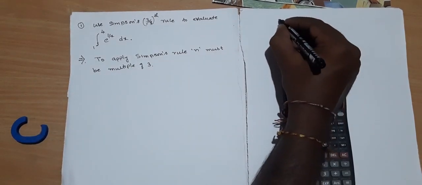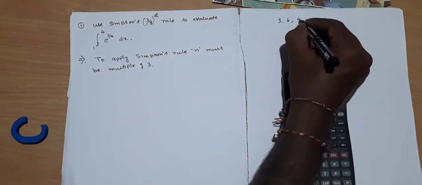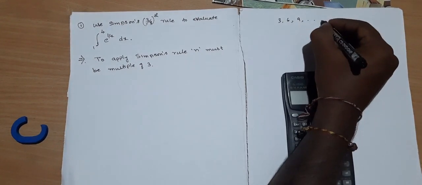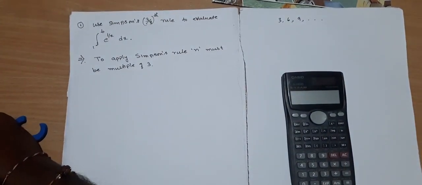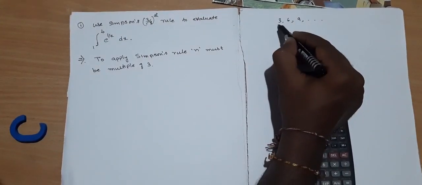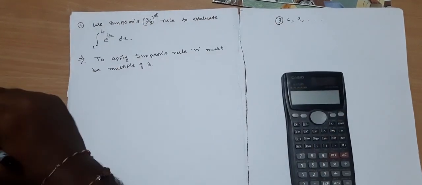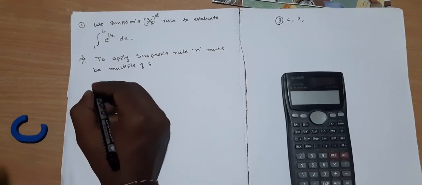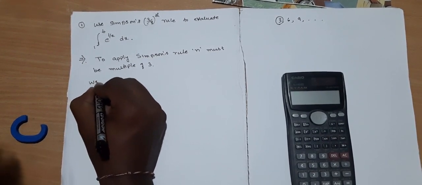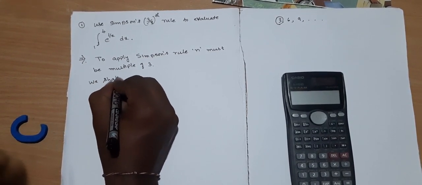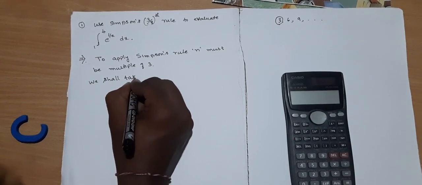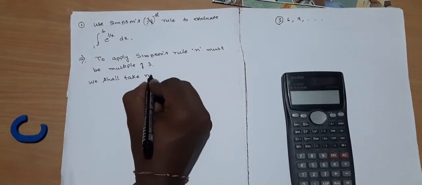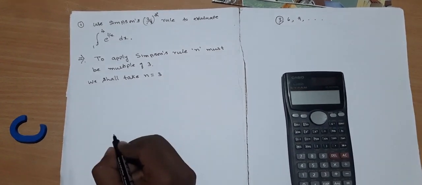So multiple of 3 means 3, 6, 9, and so on. You can take any one value. I will take n equals 3.